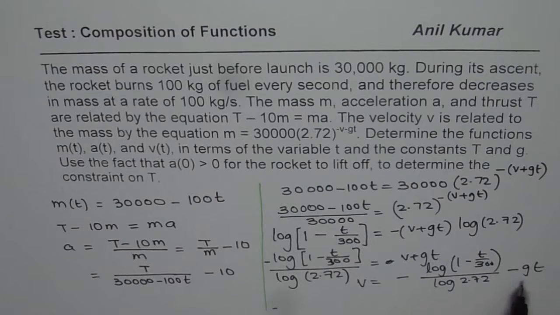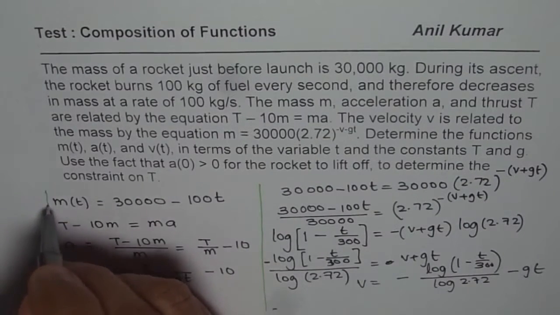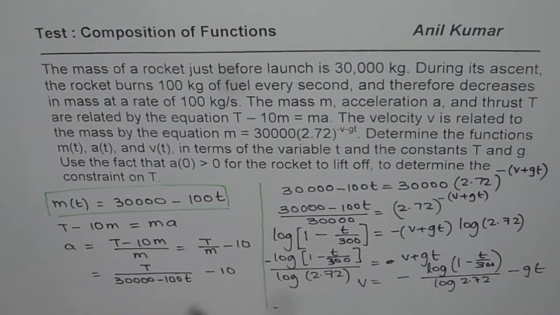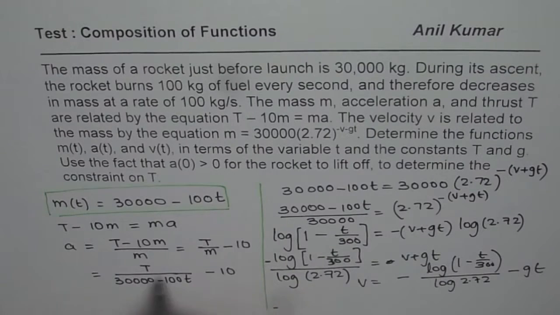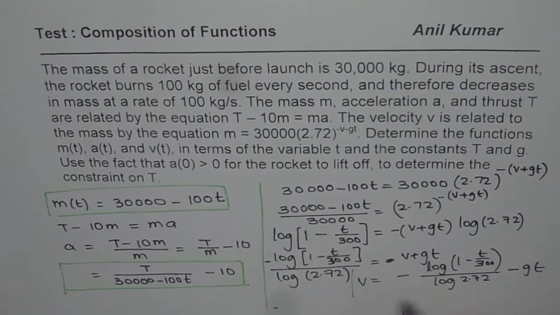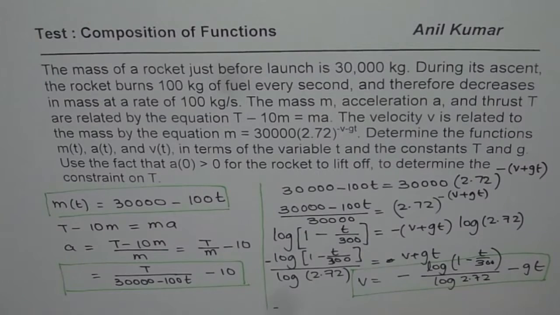Now, we have related all the relations. Let me highlight these relations. One, we got mass in terms of time. And then we got acceleration in terms of time. And here we got velocity in terms of time.